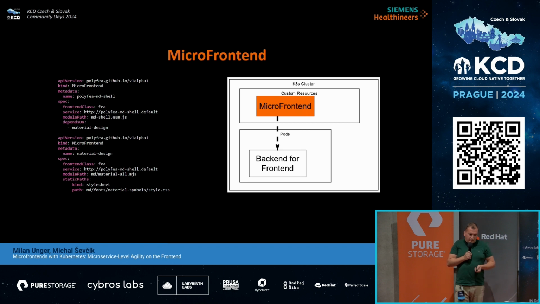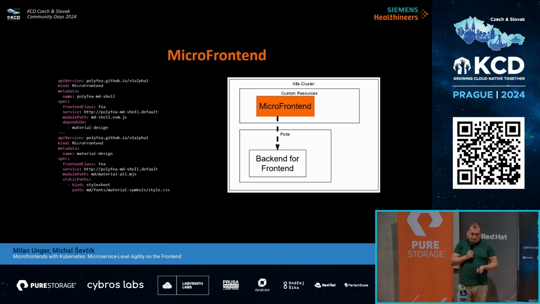You can also specify some dependencies. So for example, our material design shell is dependent on material design web components, right? So we have an additional microfrontend there defined, and that's the material design. In this case, it's still served from the same service, but it's a different bundle.